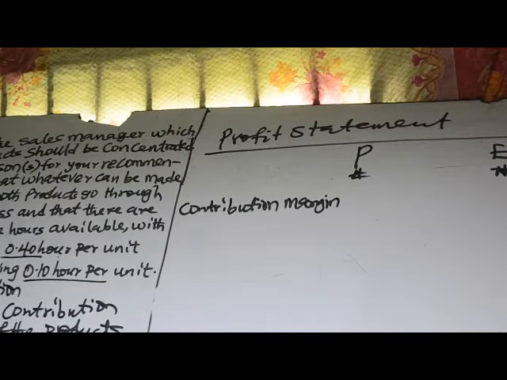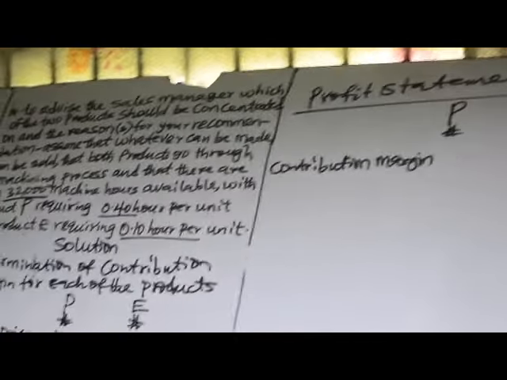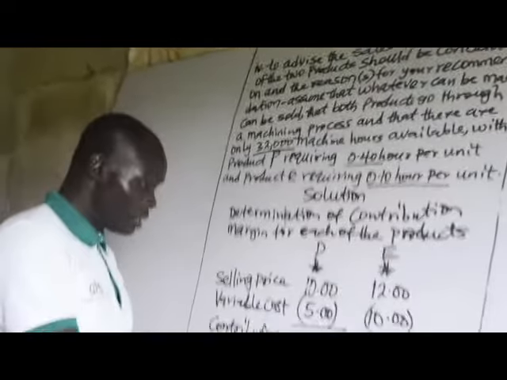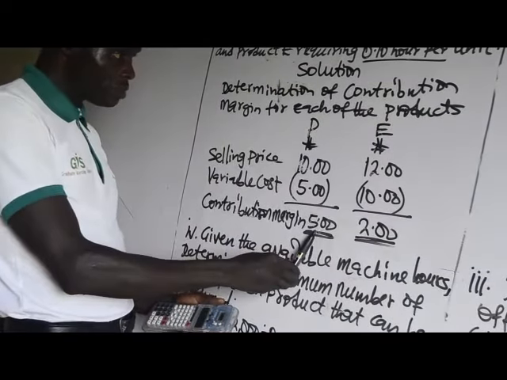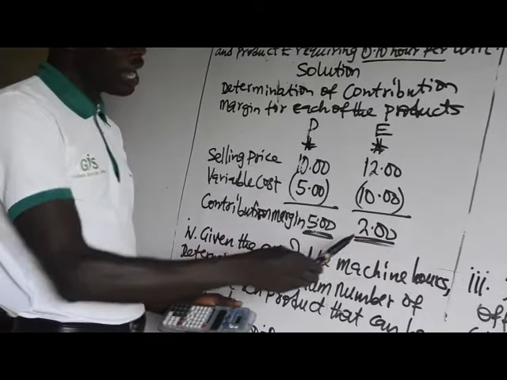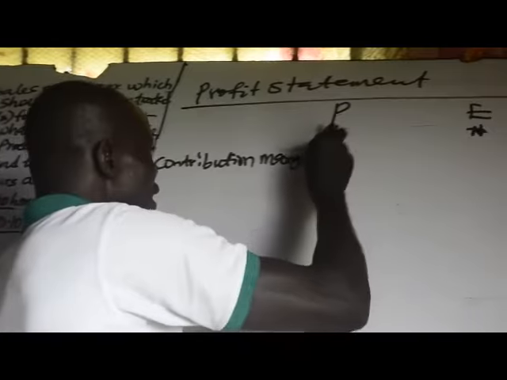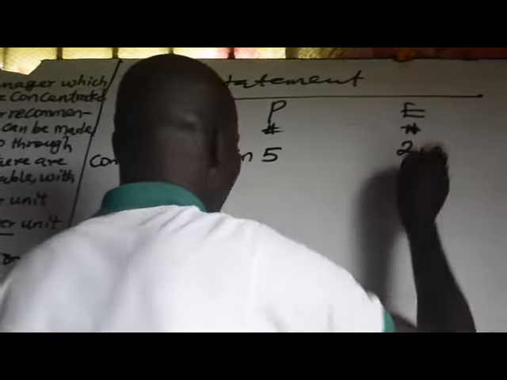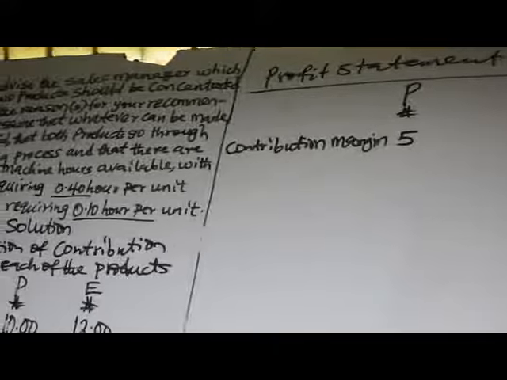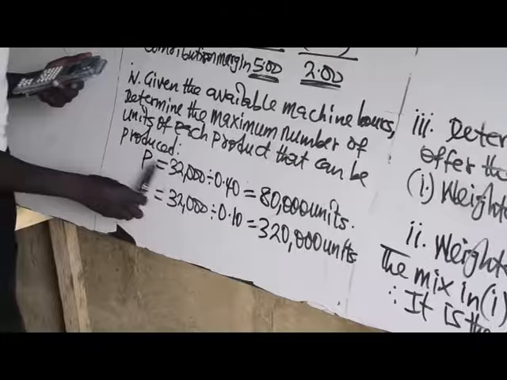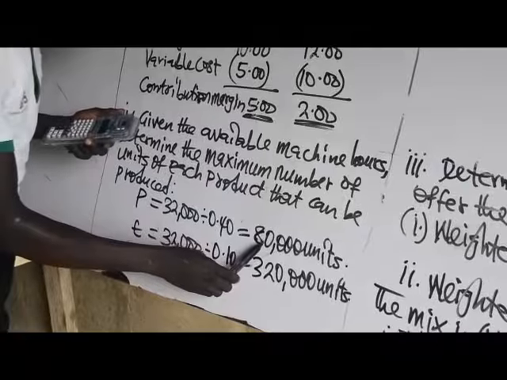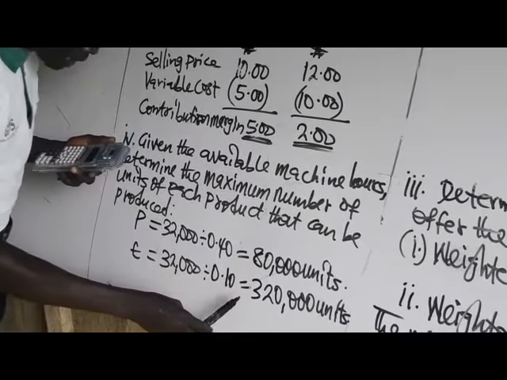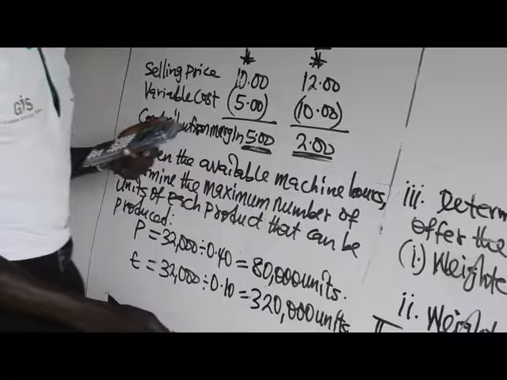For product P, we have 5 Naira. That of E, we have 2 Naira. Now, the number of units of P that can be produced with the available machining hour is 80,000 units, and that of E is 320,000 units.